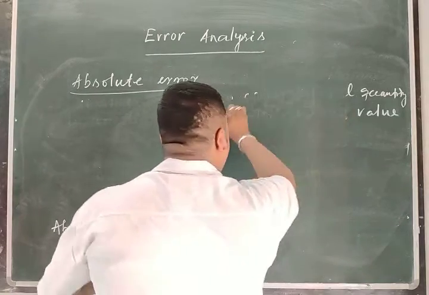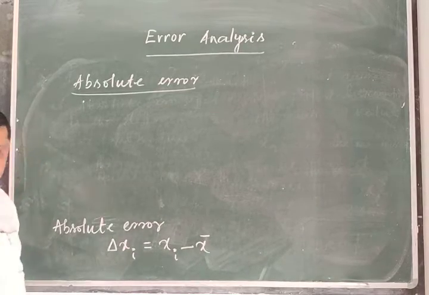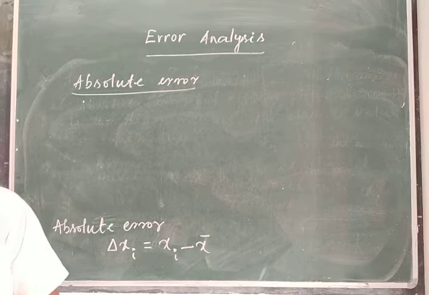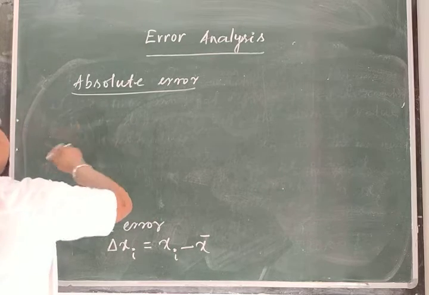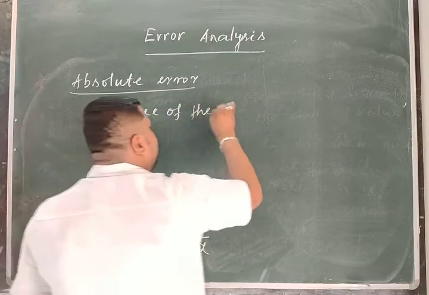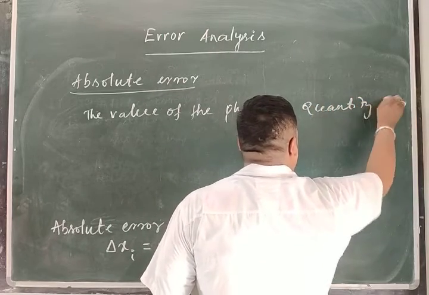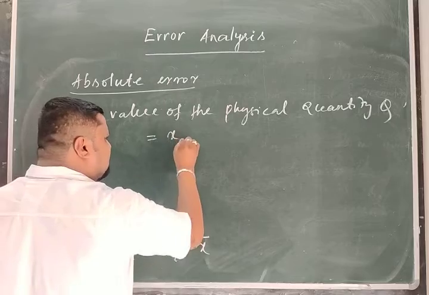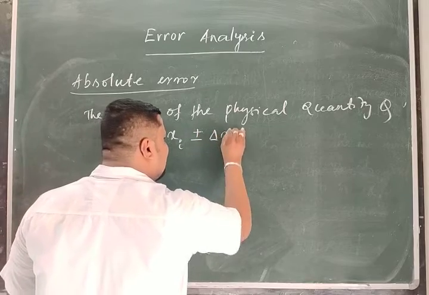I can write the value of the physical quantity Q with error in the ith observation as: xi is the observed value and the absolute error is delta xi, so Q equals xi plus or minus delta xi.